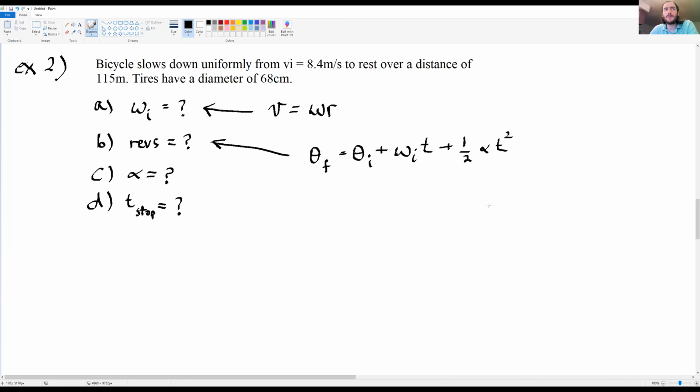But you notice, although you can use this equation, you don't quite have t yet. So you have to think about how to figure out what t is.